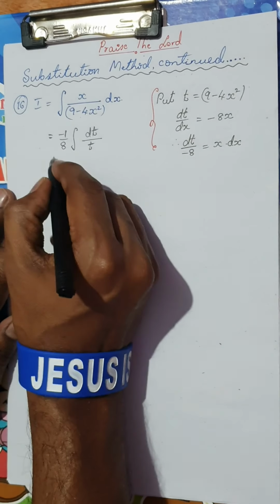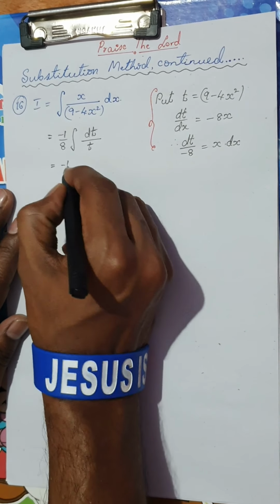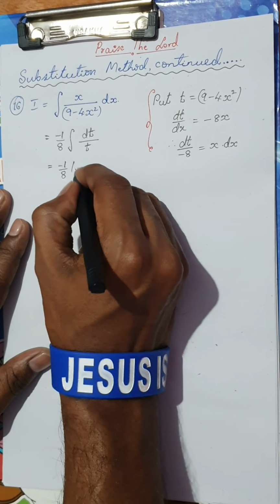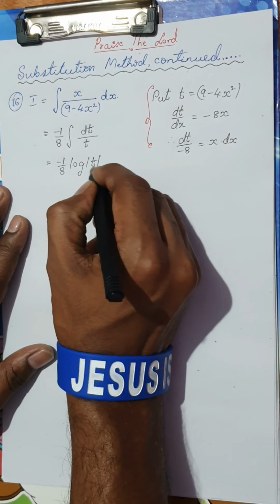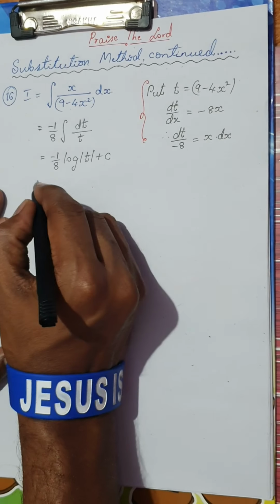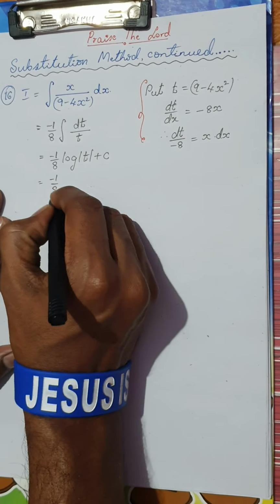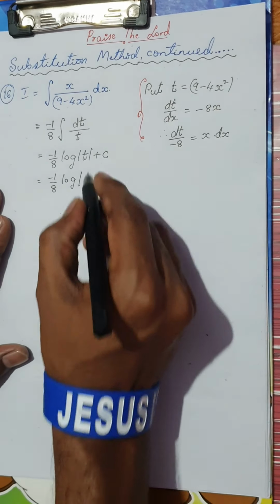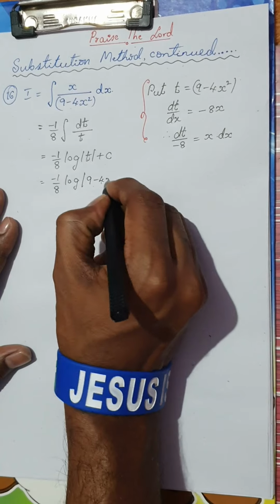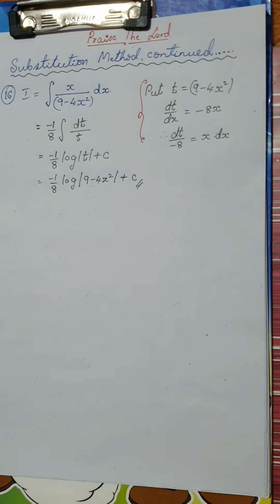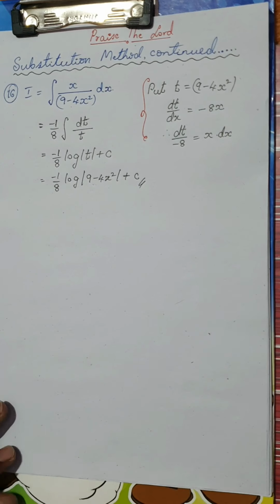Okay, so I told you in the previous class itself, integral of dt by t is log of mod t plus the constant of integration. So the final answer is minus 1 by 8 into log of mod, replacing back t, 9 minus 4x square, plus the constant of integration. Okay, so this is the final result of the above integral.